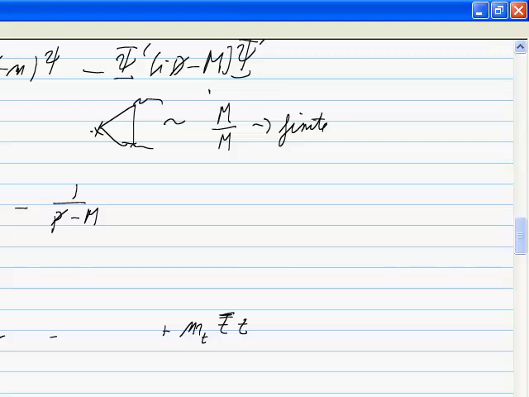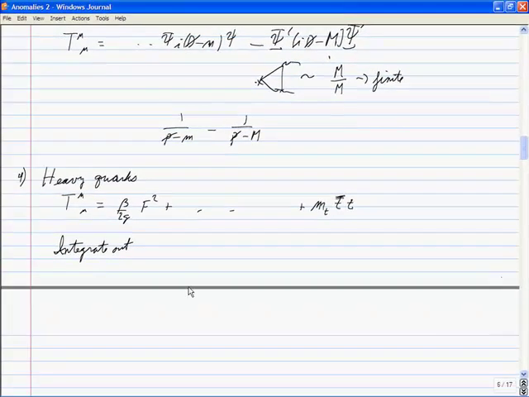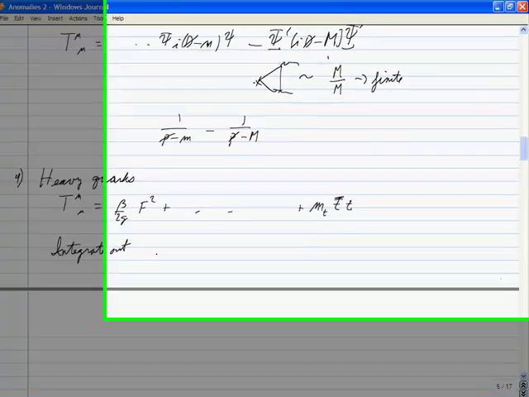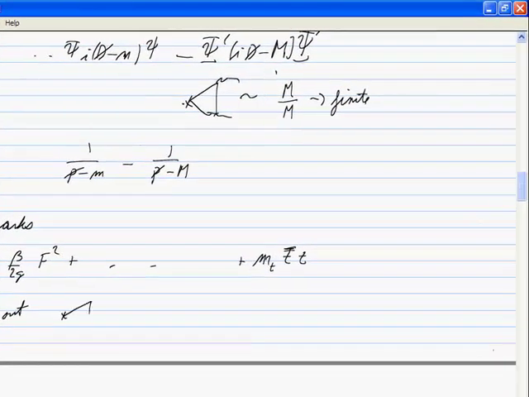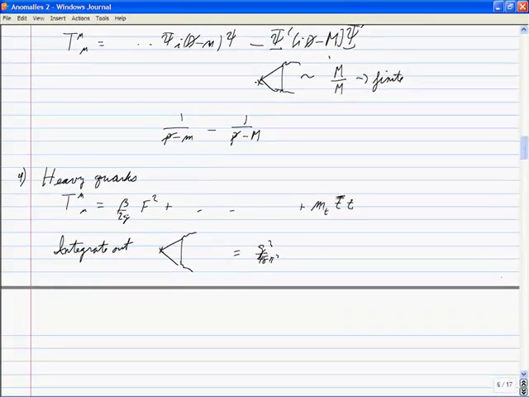Can I do that? So if I integrate out the heavy quark, we've sort of done the calculation already, but it's basically this diagram. I'm going to do it now as a Feynman diagram. It turns into g squared over 48 pi squared, the equivalent of F squared.